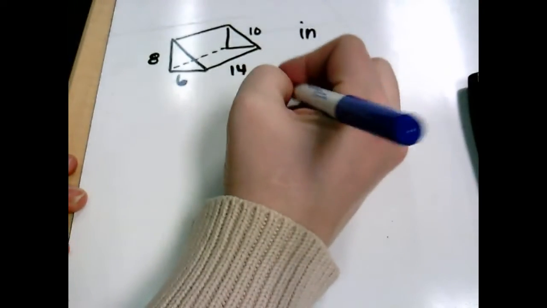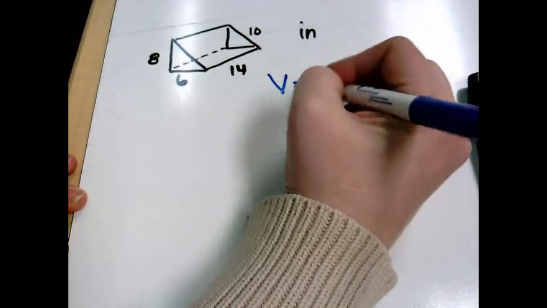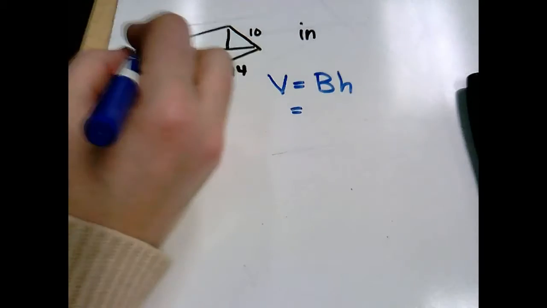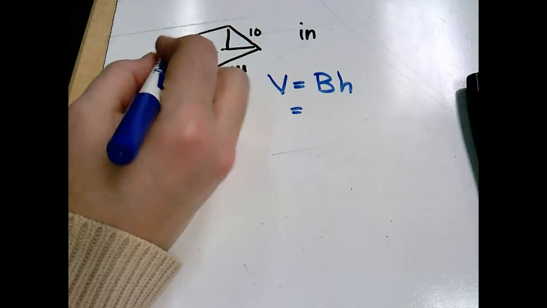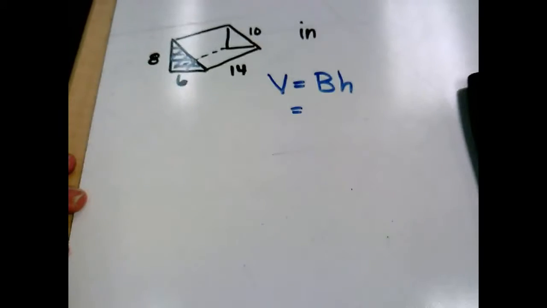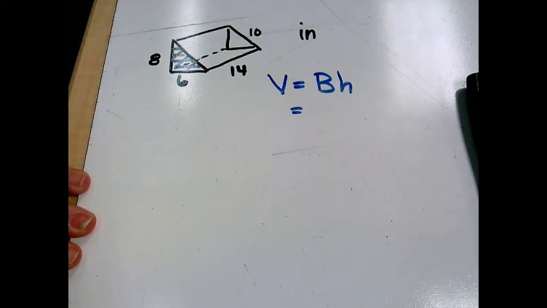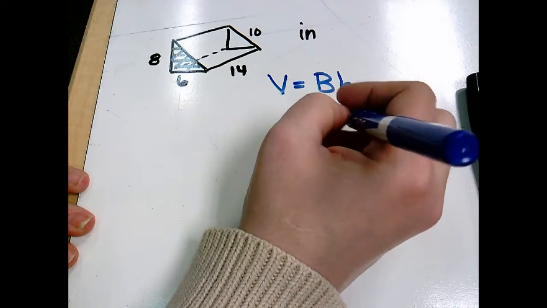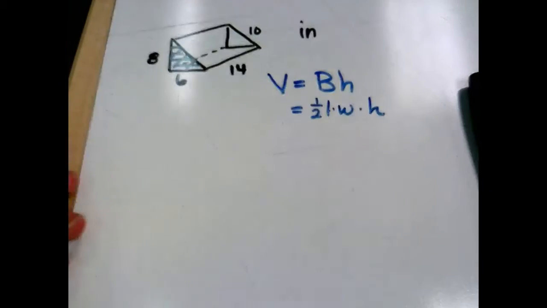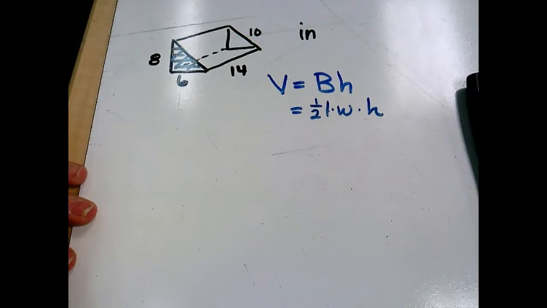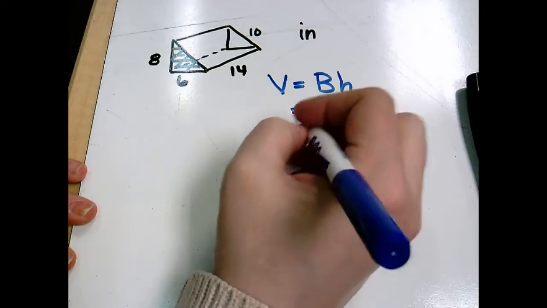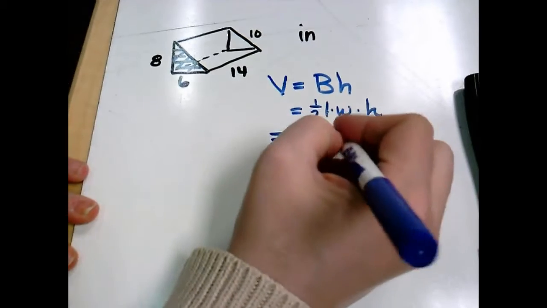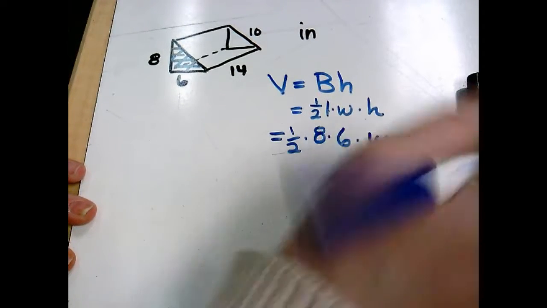In order to find volume, we know that we need the area of the base times height. In order to find the area of the triangular base, we use our area formula for a triangle, which is 1/2 length times width, and then times height for the volume piece. So here we have 1/2 times 8 times 6 times 14.